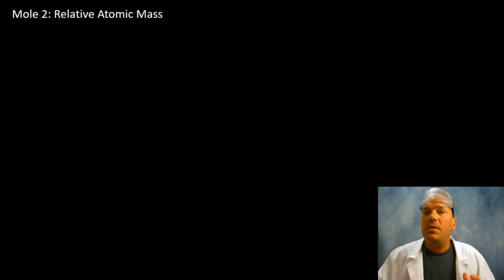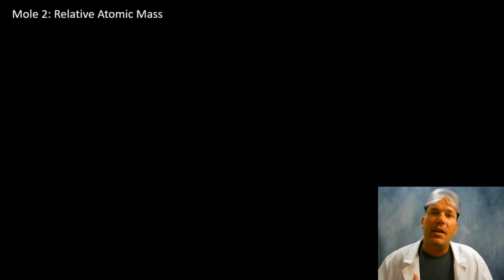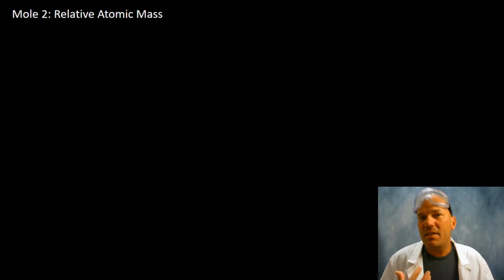I don't want to just throw at you a bunch of definitions and show you how to do calculations. I wanted to provide a little bit of perspective as to how earlier scientists came about even trying to understand the concept of an atom, let alone the mole.